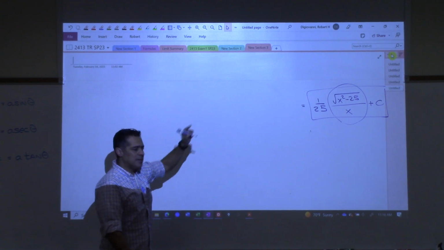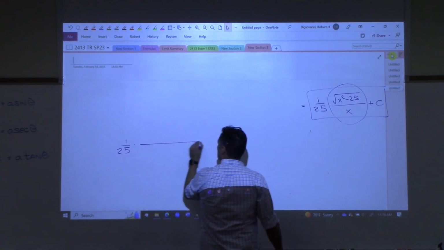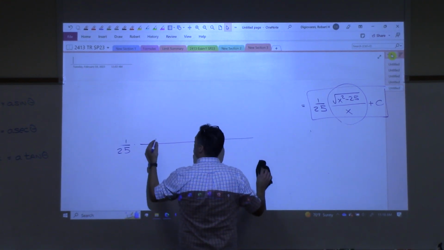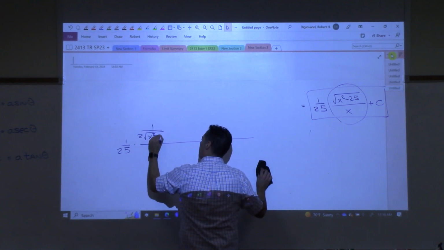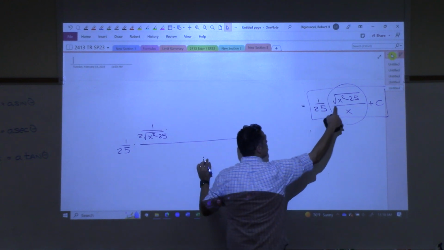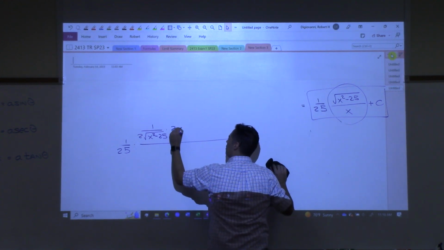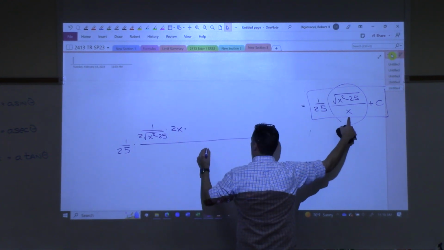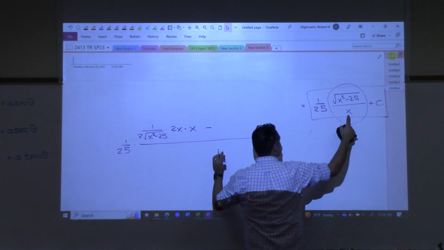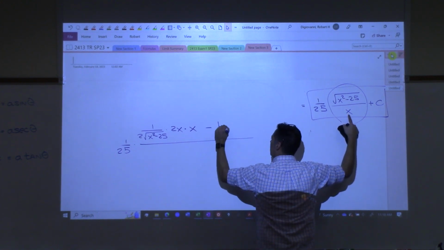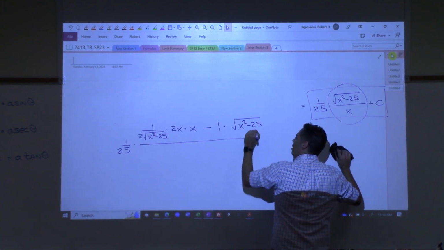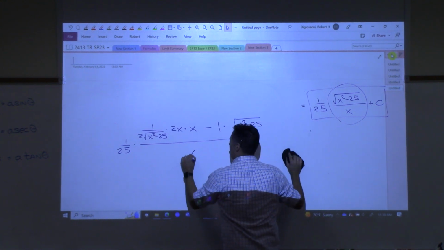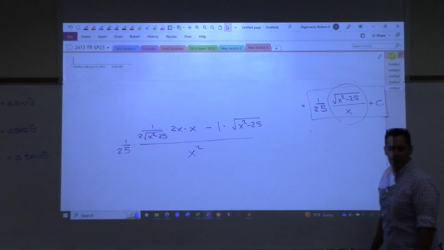So I'm going to do the derivative of the top first. The derivative of the square root of something is 1 over 2 square roots of that something, times the derivative of what's inside, which is 2x, times the bottom function, minus the derivative of the bottom function, which is 1, times the top, which is the square root of x squared minus 25, all of this over the bottom squared. That's where we are.